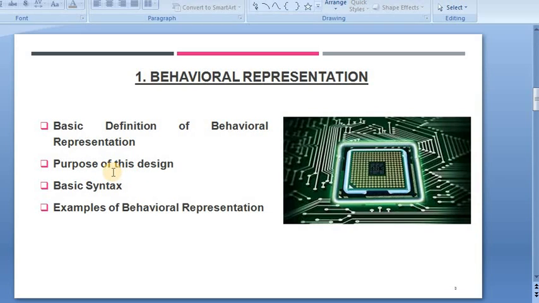So we can say that this design is considered the highest abstraction level as compared to other models. What does it mean? This means that it provides the highest freedom in representation. Now the basic syntax of behavioral representation can be understood with this example of behavioral design. Let's go to the next slide.